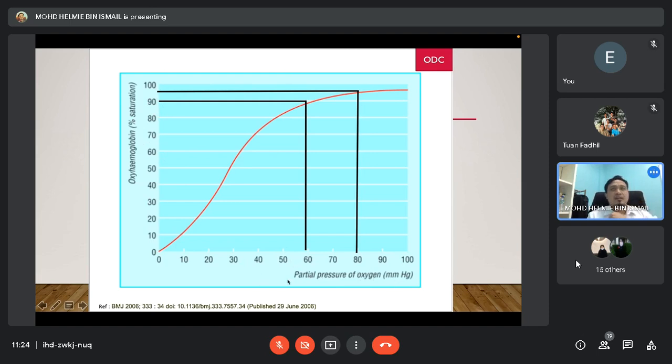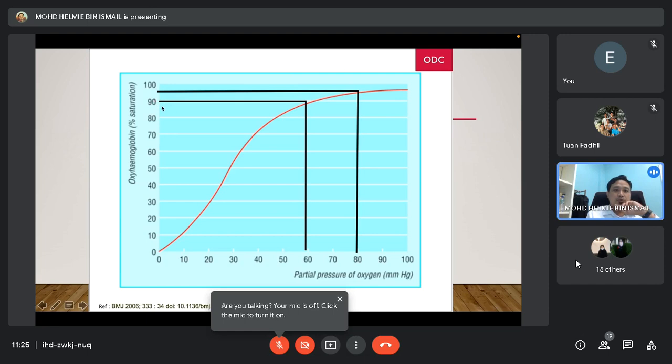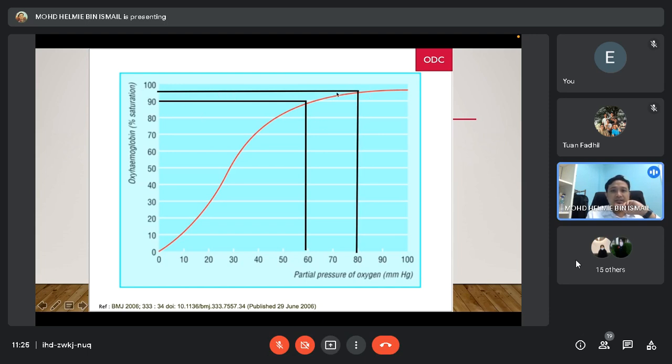Sometimes when we take the ABG, a partial pressure of oxygen of about 60 is equal to 90% on SpO2. When the partial pressure of oxygen is 80, we can get almost 100% oxygen saturation. So you can have a range of about 60 to 90 in order to maintain the oxygen saturation at about 90 to 100%.